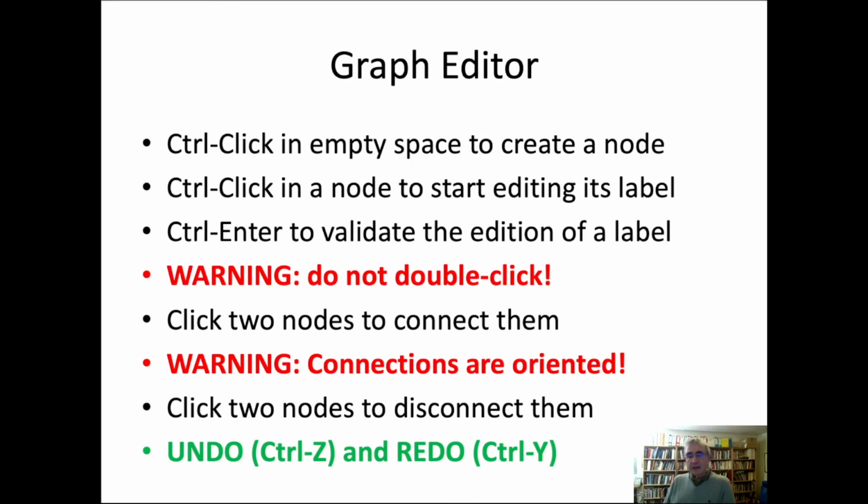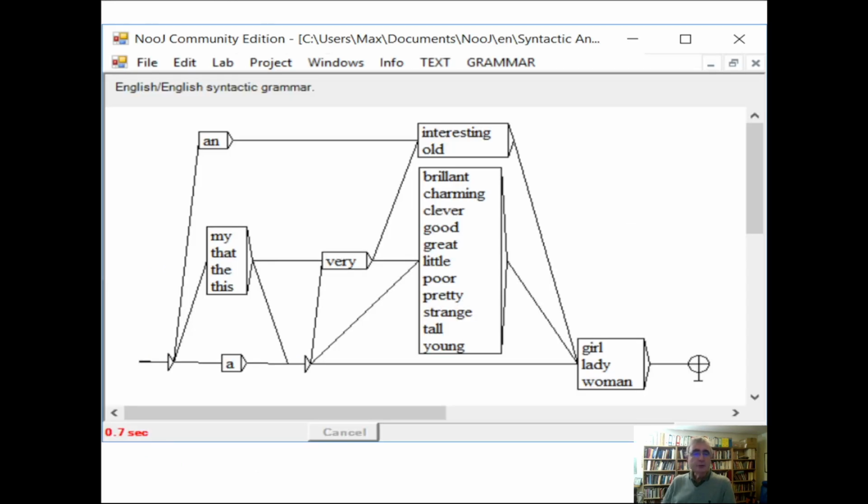So as an exercise, for example, I could ask you to enter this complicated grammar, which recognizes sequences such as a girl, a lady, a woman, or an interesting lady, or that very charming woman, right?